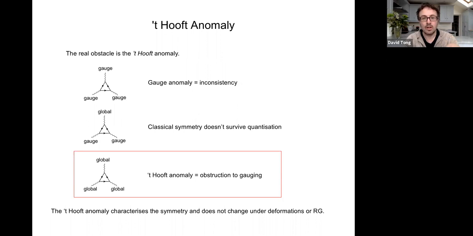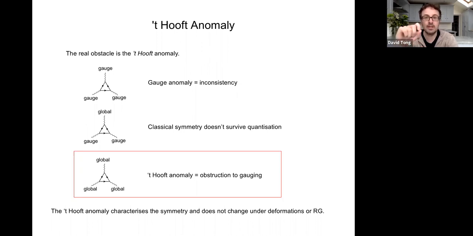So what happens? Well, if the Hooft anomaly does not vanish, nothing bad happens at all. The symmetry is still a good symmetry of the quantum system. If it's a non-abelian symmetry, all states must fall into multiplets of it. If it's an abelian symmetry, there are conservation laws that come from it. Everything you expect from a symmetry still holds if the Hooft anomaly is non-vanishing.